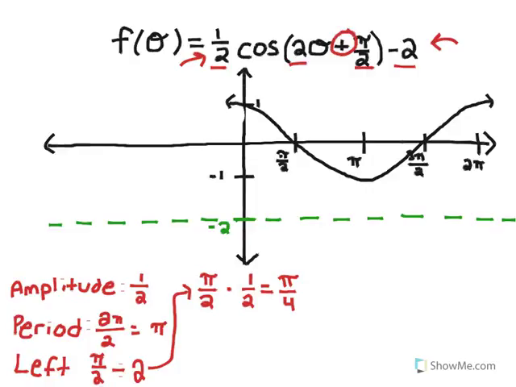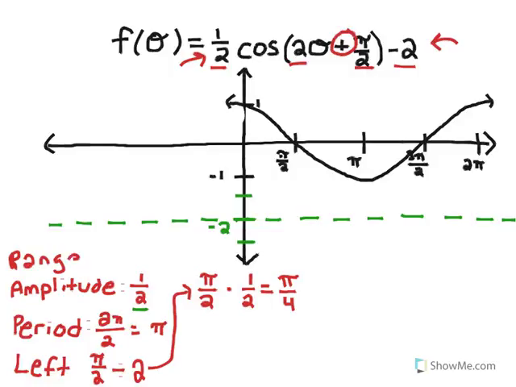Now that we've graphed our new x-axis, why don't we consider our amplitude? Since that's 1/2, we're going to go up 1/2 to negative 3/2 and down 1/2 to negative 5/2. Now that gives us our range.